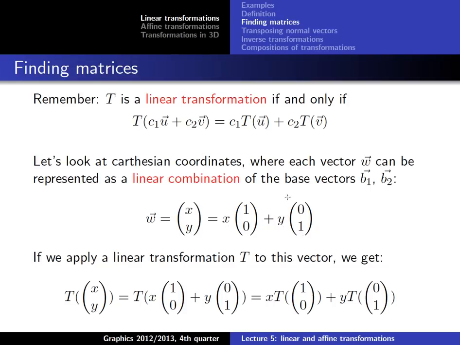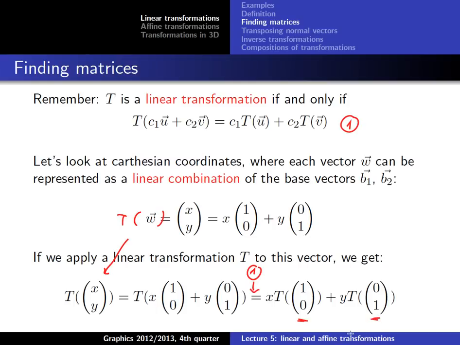But if we take this vector here and now apply the linear transformation to it, then of course it's already written here, and because of that, let's call it 1 here, we see that we can do exactly that. That way we see that the first column vector of this transformation matrix must indeed be the image of the first base vector, and the second column must be the image of the second base vector.